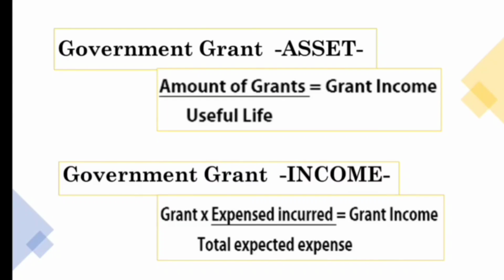Yung useful life na tinutukoy dito is yan yung taon na kung hanggang kailan tayo mabe-benefit ng grant, and yan din yung taon na kung hanggang kailan natin gagawin yung condition. Kapag government grant na related sa income, yung pag-compute ng grant income nito is depende dun sa magagastos kada taon.